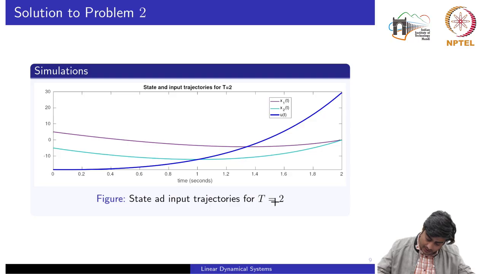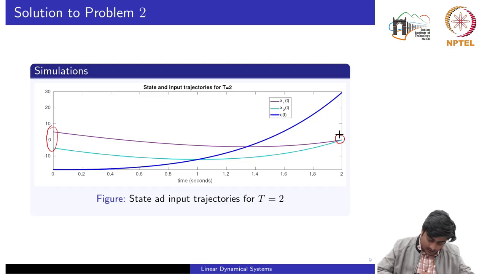Now, if we see at T equal to 2, this is the input signal which you are seeing in dark blue, and again starting from the initial conditions, we reach the origin in 2 seconds.